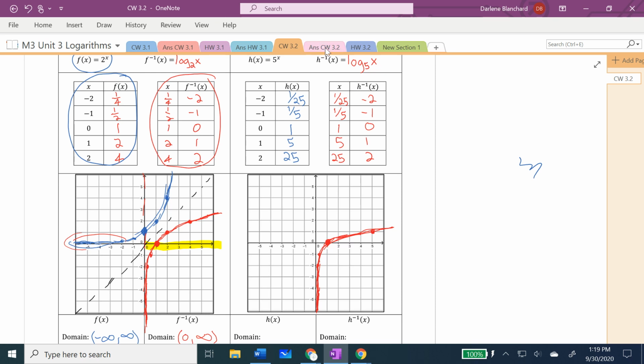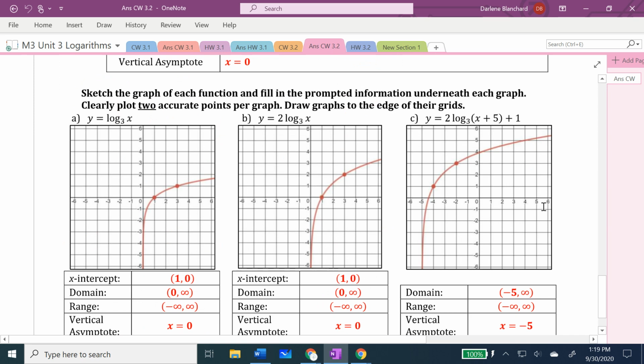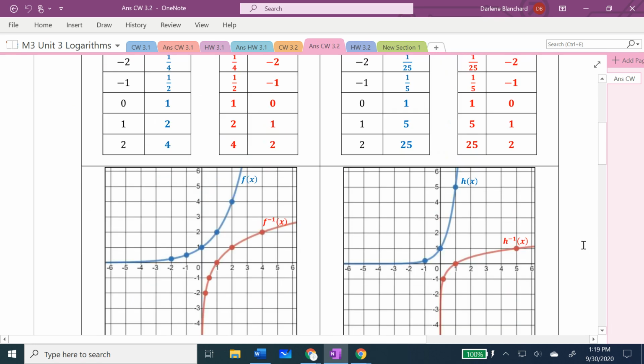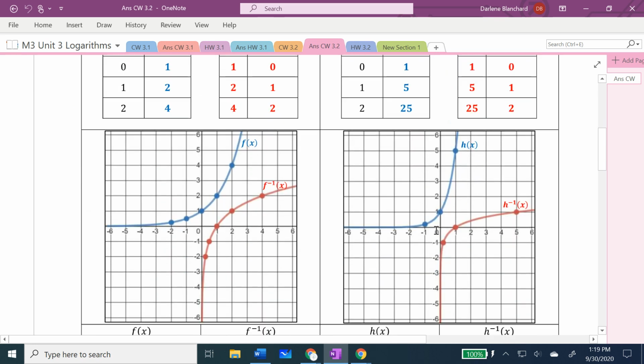So you're going to go through and you're going to plot these points. And to save a little bit of time, I'm going to go over to the answers to show you those. There we go. So this is what they should look like. So realize that if the base of your logarithm changes, look at these two graphs and see that it kind of makes it look like it's multiplied by a different number.